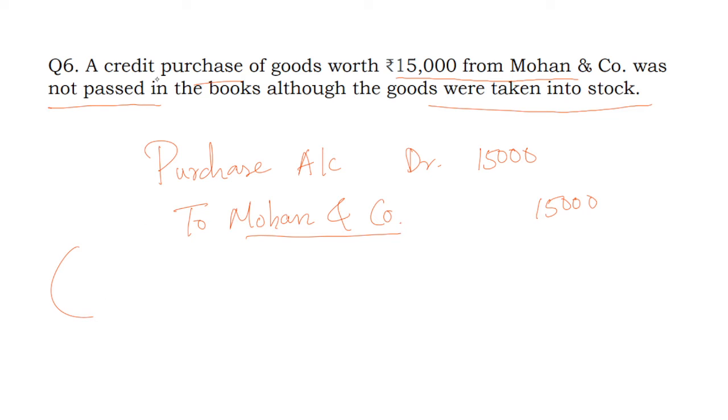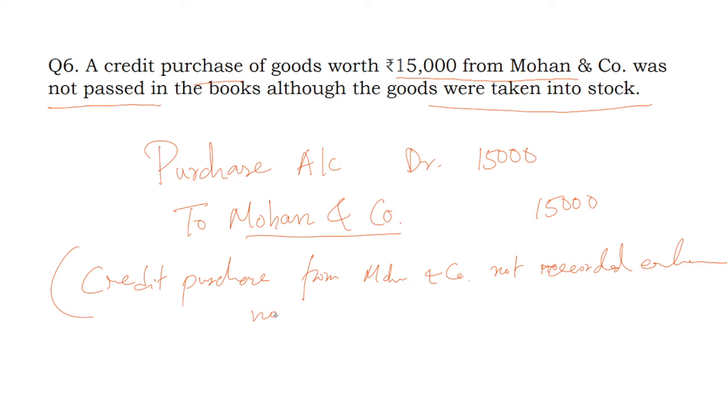So you just write: credit purchase from Mohan and company not recorded earlier, now recorded.